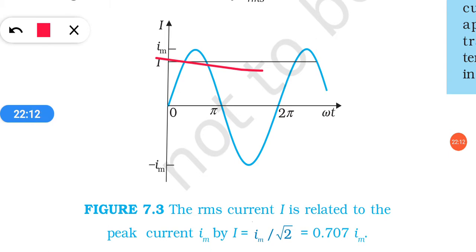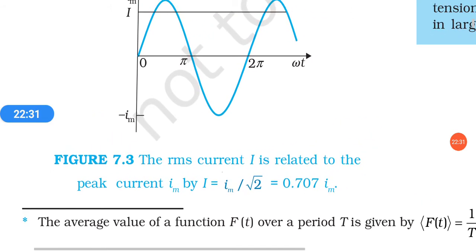So this is the point 0.707, the RMS value. Im upon root 2 gives us 0.707.